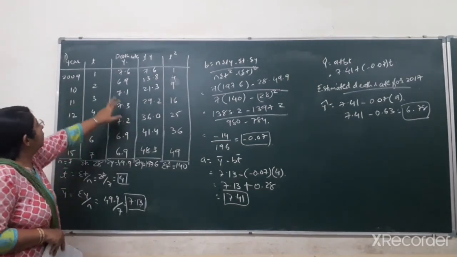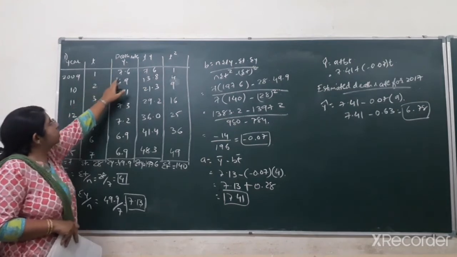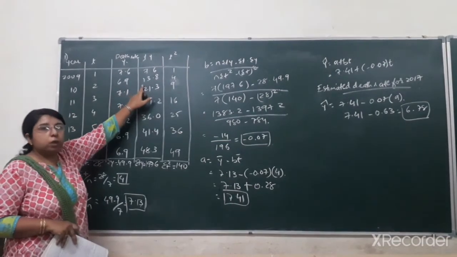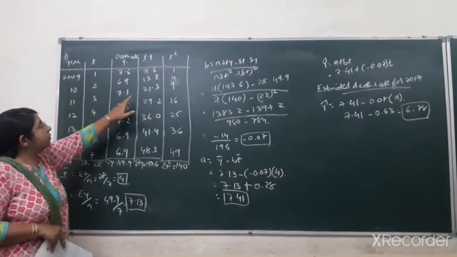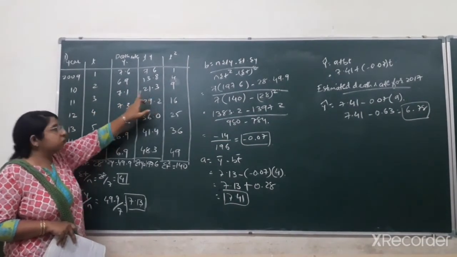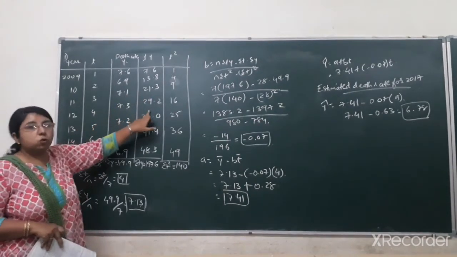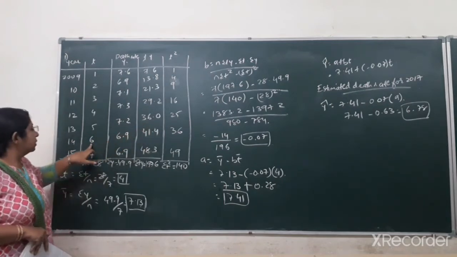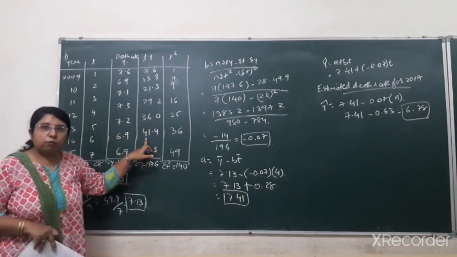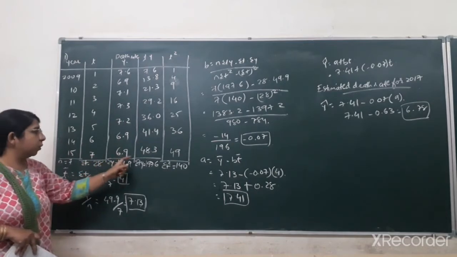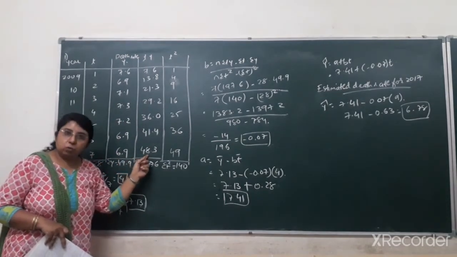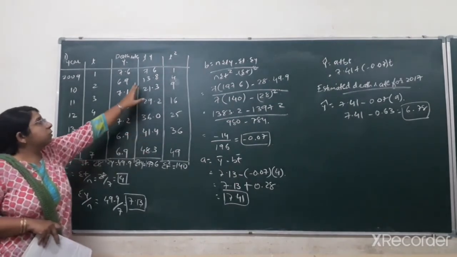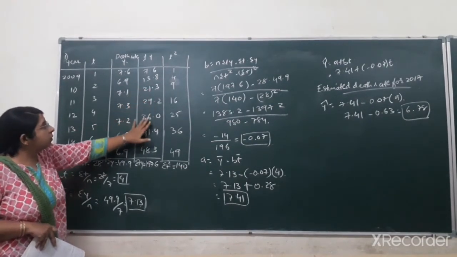So T into y, that means first value you can see 1 into 7.6, it would come to 7.6. 2 into 6.9, it would come to 13.8. 3 into 7.1, that is 21.3. 4 into 7.3 will come to 29.2. 5 into 7.2 will come to 36. 6 into 6.9 will come to 41.4. And 7 into 6.9 will come to 48.3. It means you have to multiply T and Y in order to get the Ty multiplication in the fourth column.